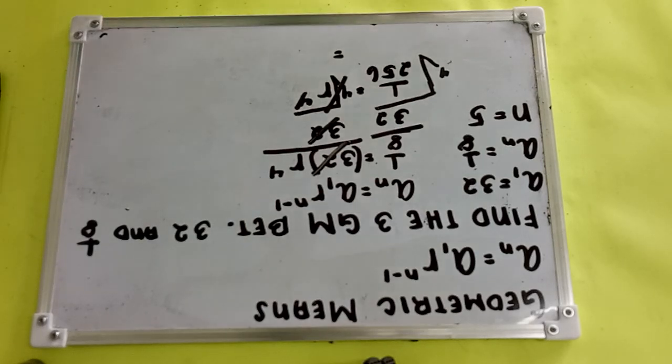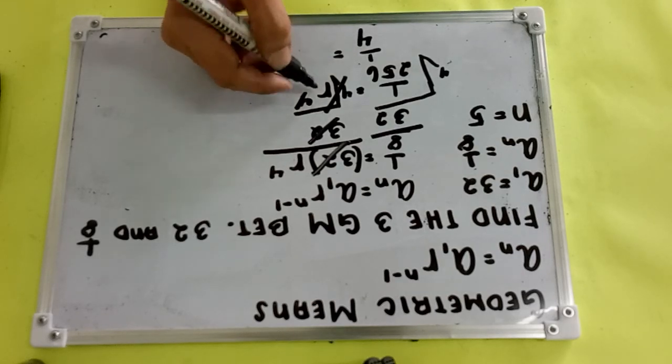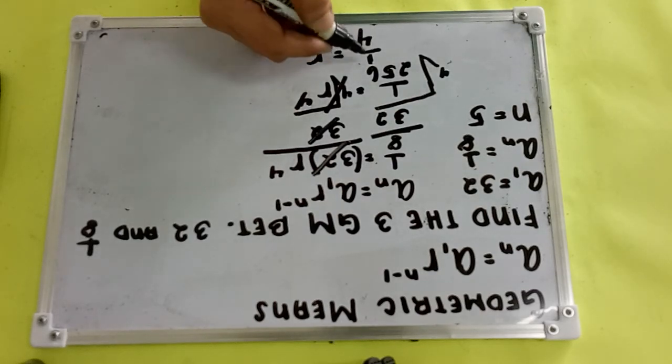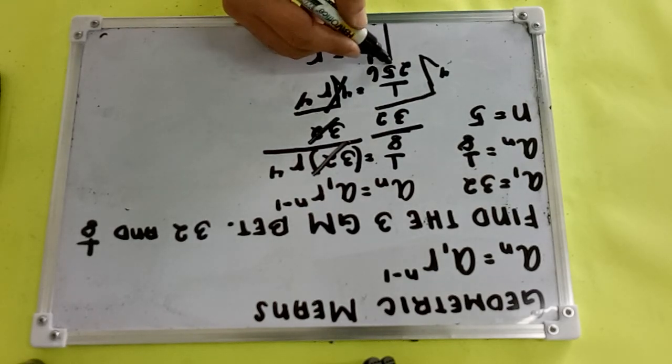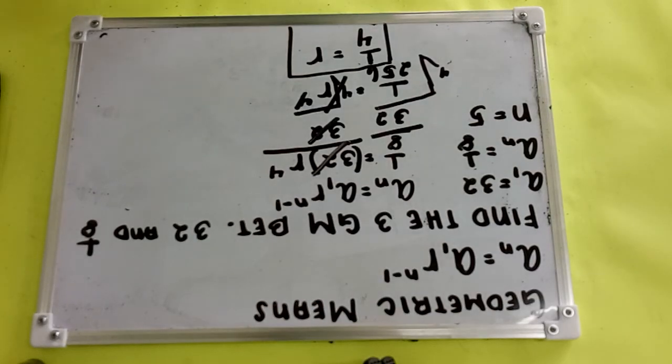And then if we perform 4th root of 1 over 256, that is 1/4. So dito matitira na lang si r kasi na-cancel na. And then 4th root of 1 over 256 is 1/4. So ang common ratio ngayon natin is 1/4.